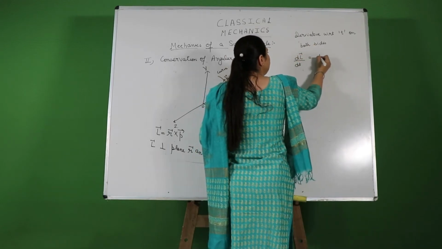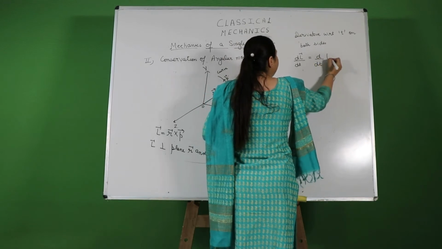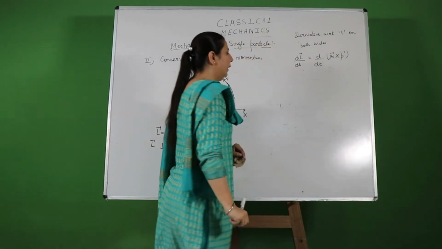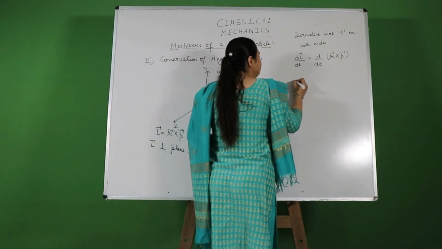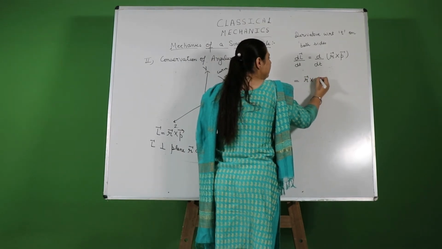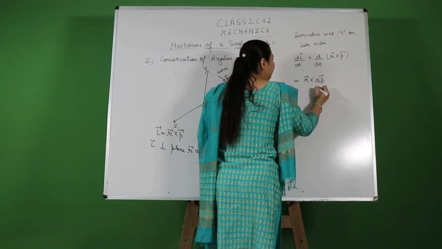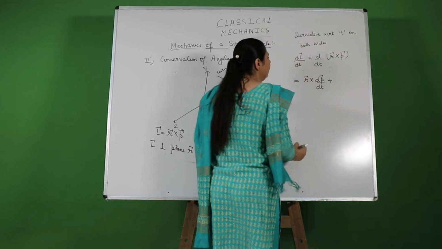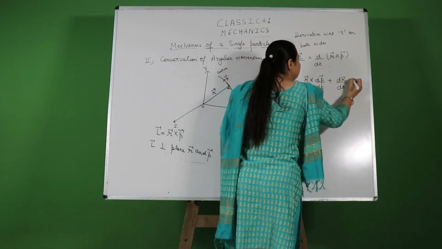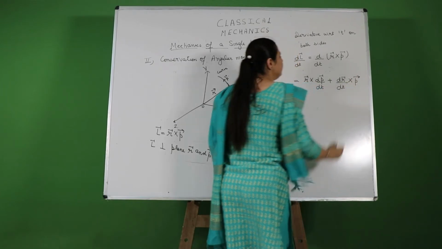This will be equal to d by dt of r cross p. Okay. So I use the formula: first function as it is into derivative of the second, plus derivative of the first cross second function as it is.